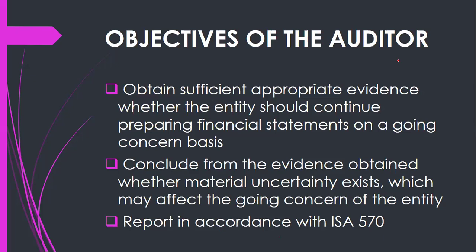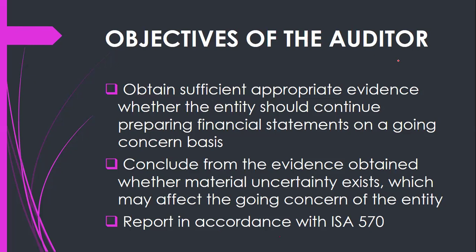So the auditor needs to, one, obtain sufficient appropriate evidence whether the entity should continue to prepare financial statements on a going concern basis. Then two, the auditor needs to conclude from the evidence obtained whether material uncertainty exists which may affect the going concern of that particular entity.